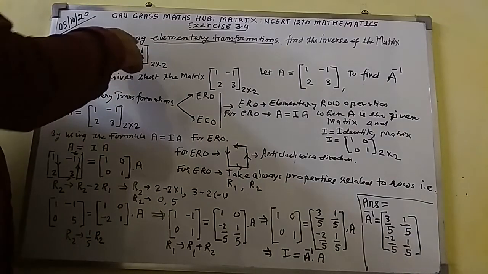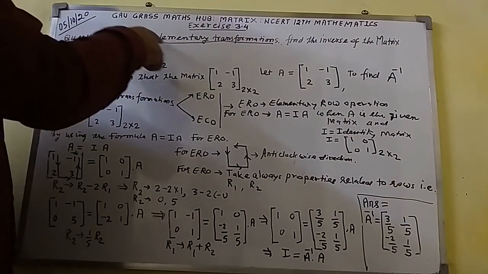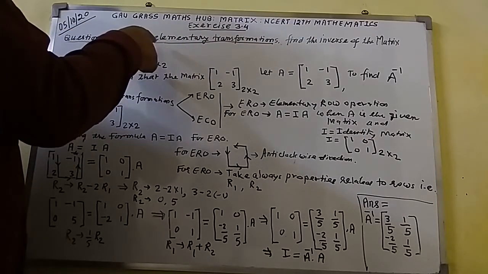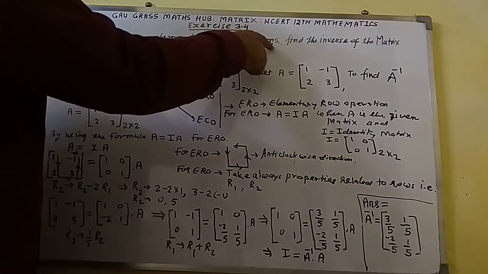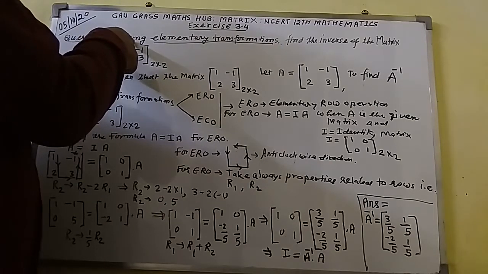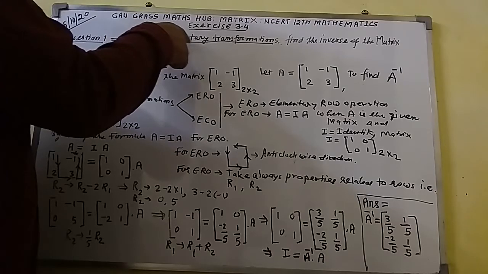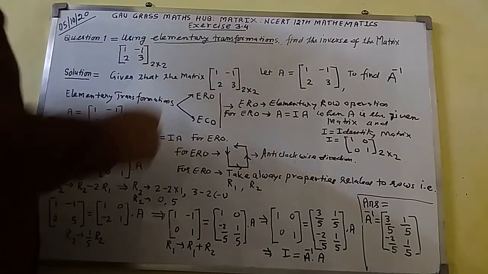Here in the question it is only mentioned using elementary transformations. It is not mentioned whether question 1 is going to be solved by using elementary row operations or elementary column operations.